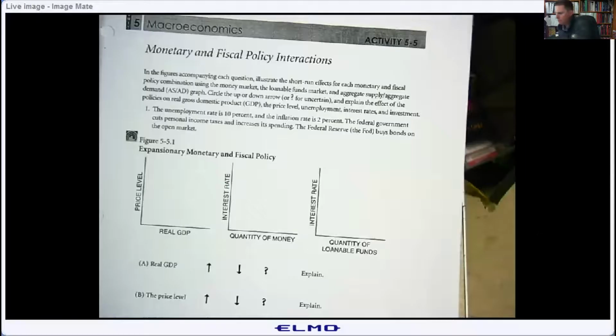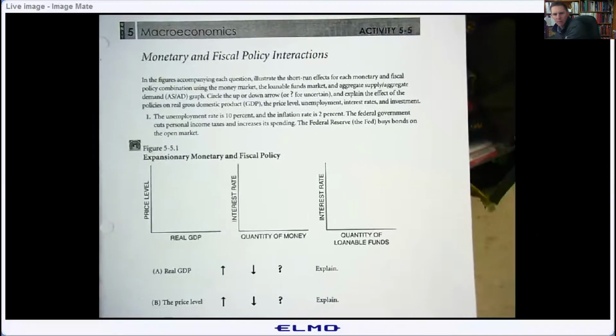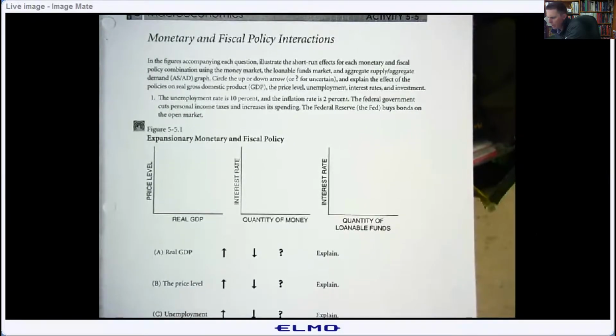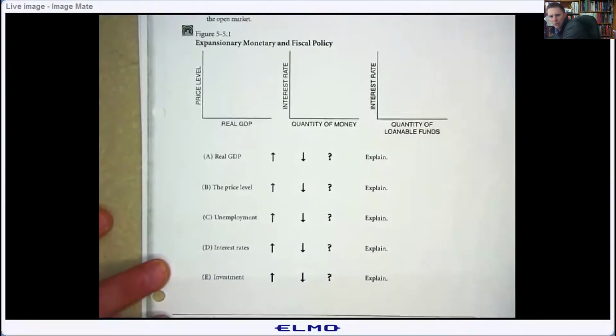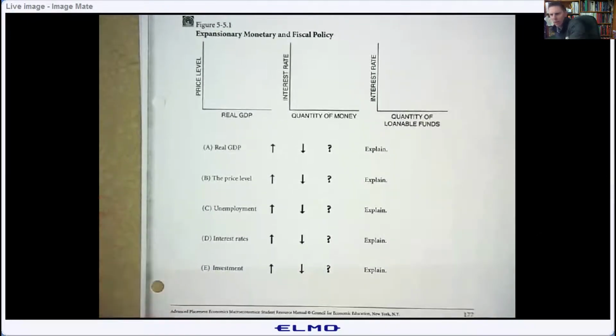Okay, so we have this first page right here. I'm going to share this screen with you guys. Okay, there it is. Monetary and fiscal policy interactions.